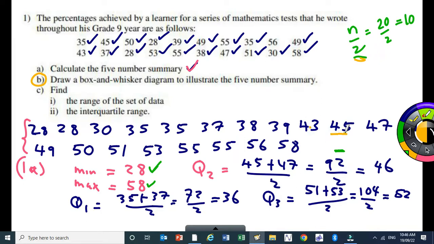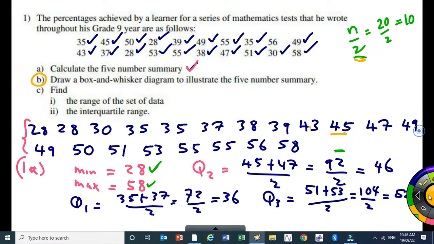So this is the 10th value in the data set. Since there are 20 of them, it means I also need the 11th value in the data set to calculate the median. So I have to add 45 plus 47, then I will divide by 2, and you get 46. If you have the calculator, it will give you the value for the median, no stress.